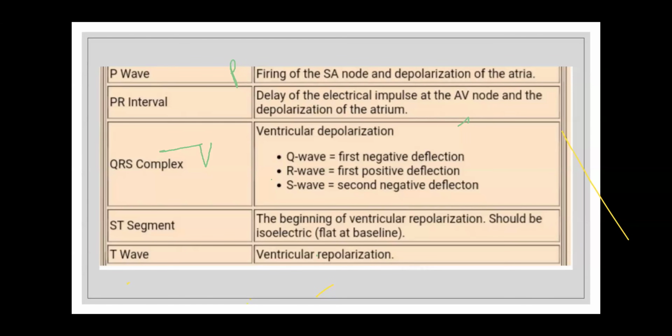So the first negative deflection is represented by the Q wave. Then the positive deflection, going upward, is represented by the R wave. Then again it dips negatively, goes down, then comes back. This negative deflection is called the S wave. So it comprises Q, R, and S.